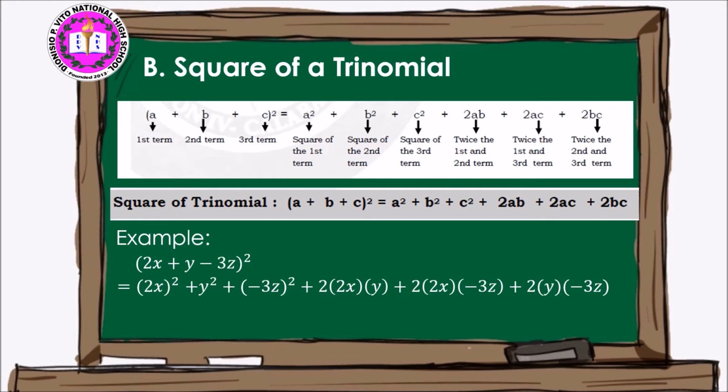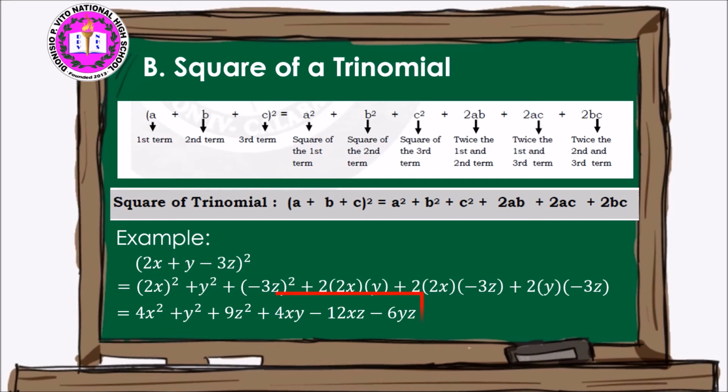So, we're going to have (2x)² = 2x times 2x = 4x², plus y², plus (−3z)², which is positive 9z². Then we have 2 times 2x times y is equal to 4xy, plus 2 times 2x times negative 3z is equal to negative 12xz, plus 2 times y times negative 3z is equal to negative 6yz.